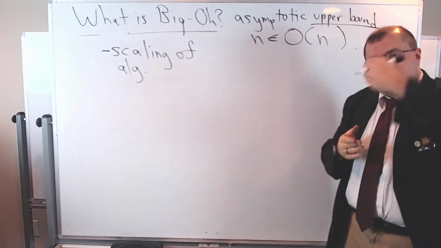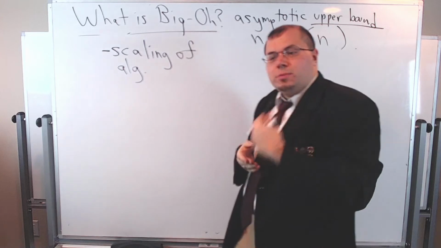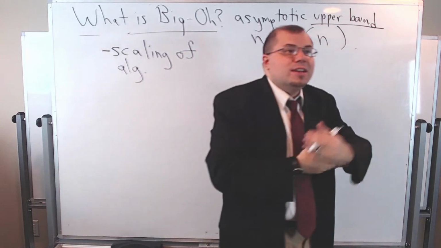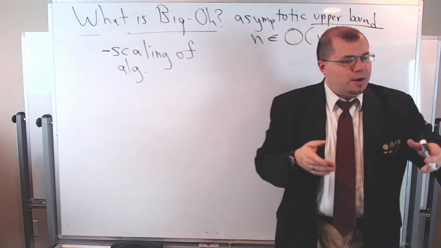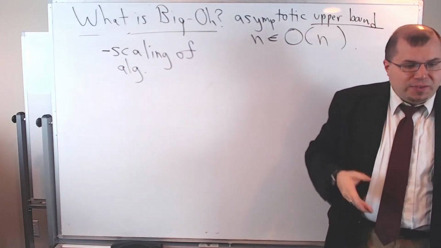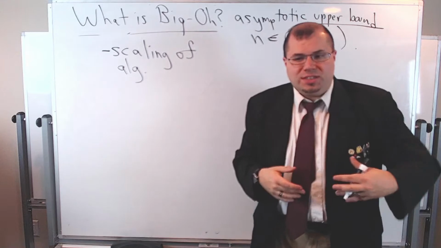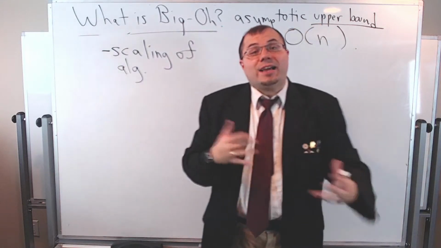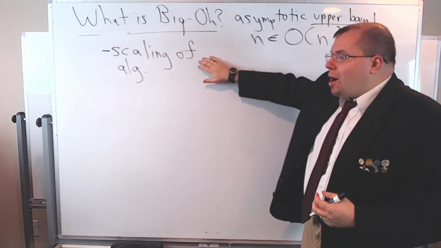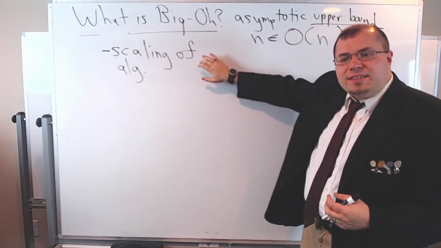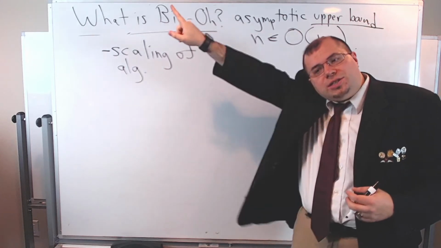So as the inputs get large, which is normally how an algorithm behaves, if I decide I want to use your algorithm given an input of 10,000 versus 100,000, I get to select what the input looks like. I might want to know how the algorithm behaves as the input gets large.